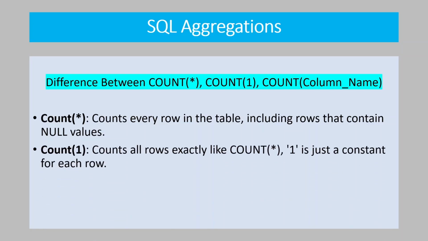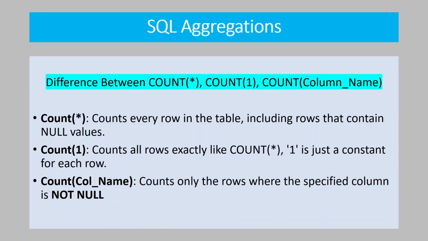The second one is count 1. It counts all the rows exactly like count star, but instead of star you just put 1. The 1 just acts as a constant for each row. Instead of 1 you can also use any other numerical value, like 2, 4, 7, anything, and you'll get the same results.